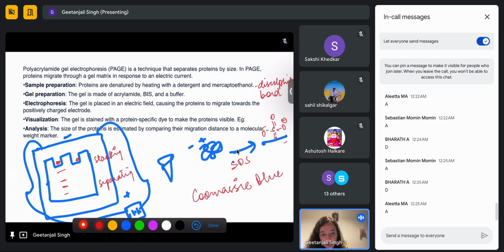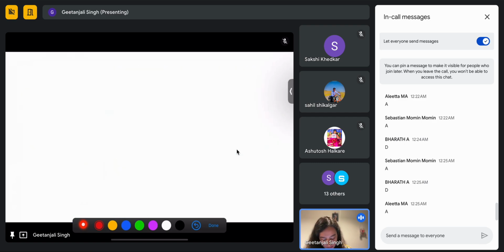I've made this little diagram for you to understand. Maybe I can just draw it here. What happens is, let me make this well.